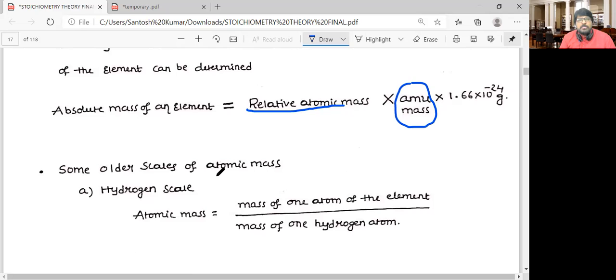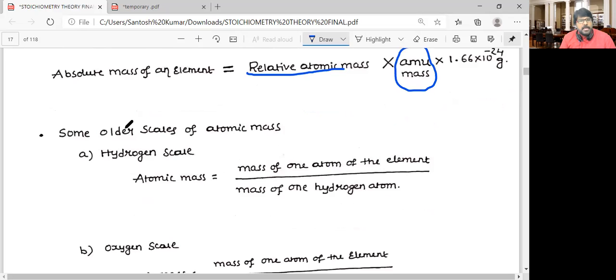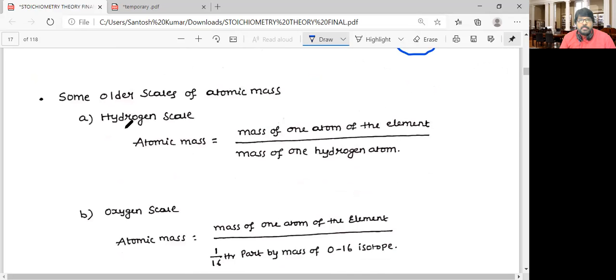Of course, we also have some older scales, the hydrogen scale. Before IUPAC, the hydrogen scale: the absolute mass of an atom by mass of one hydrogen atom. When we take hydrogen as reference, we take mass of one hydrogen. But in IUPAC scale, 1/12 part of C12 isotope we are taking.